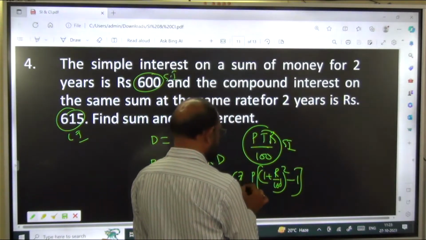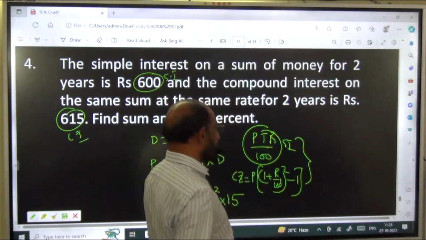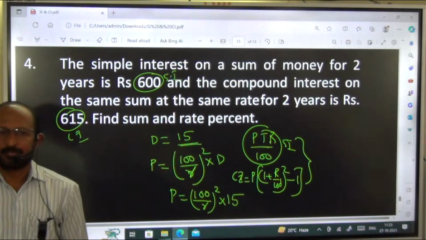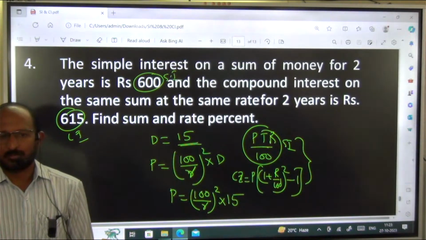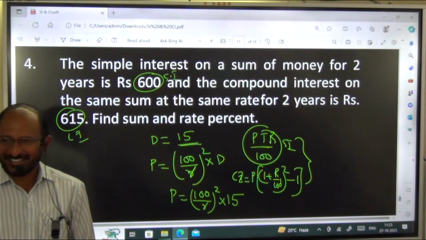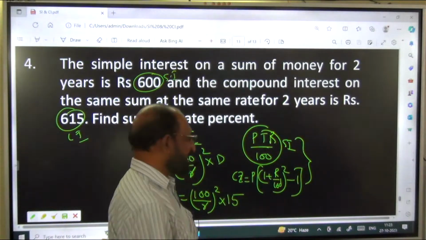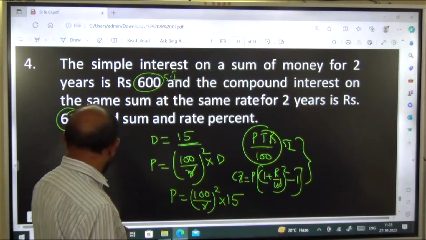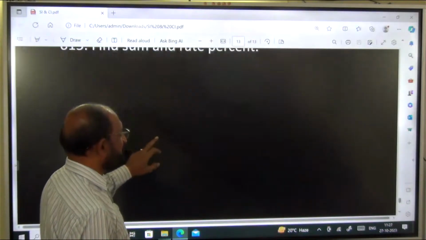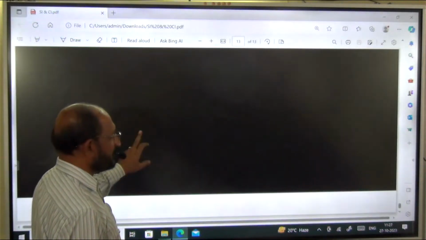This difference, 15 rupees, is given. So more calculations. Okay, we'll see that. Lengthy process. Then we'll finish.